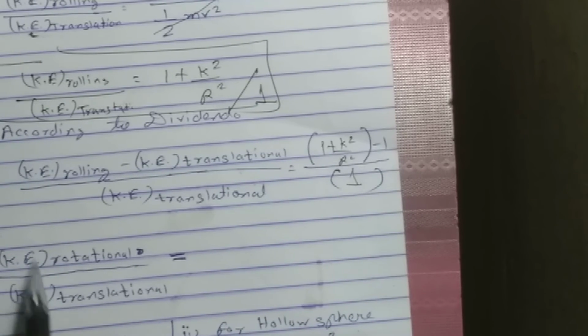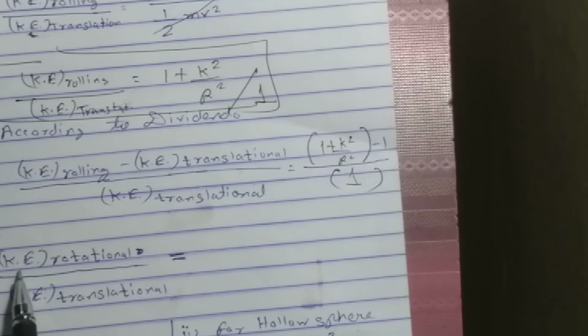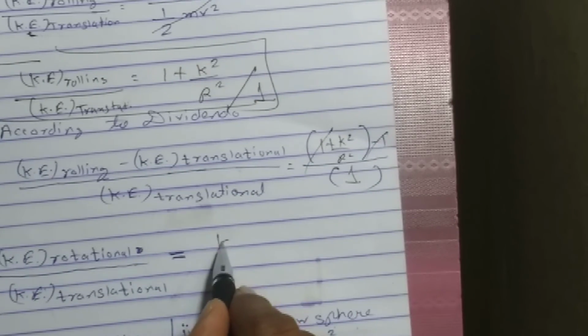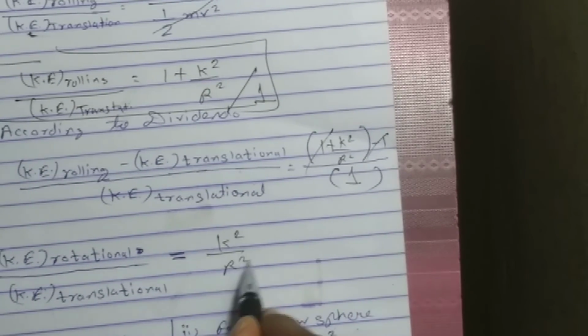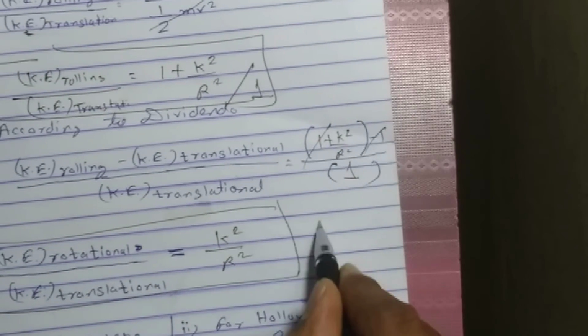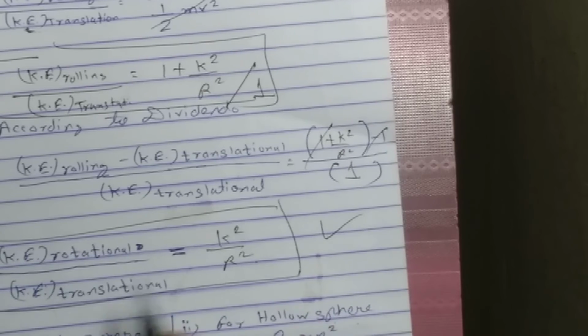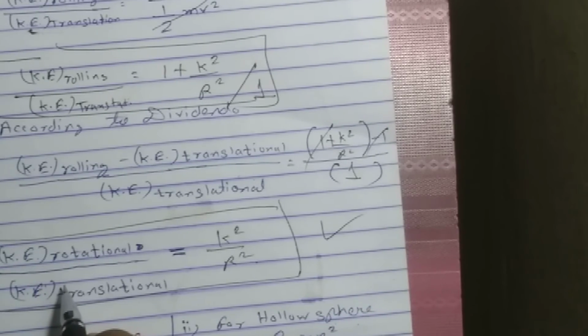So we can get the ratio of rotational kinetic energy to translational kinetic energy. If I cancel that particular term, we can find out this ratio, k square by r square. So k square by r square represents the ratio of rotational kinetic energy and translational kinetic energy.